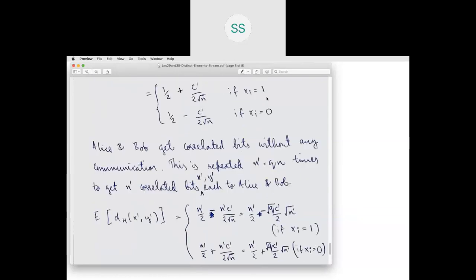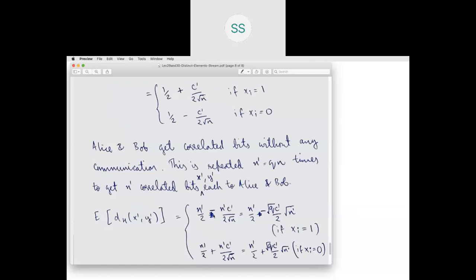So if xi equal to 1, then the probability of them differing is half minus c prime divided by 2 divided by square root n. So the Hamming distance is n prime multiplied by that.